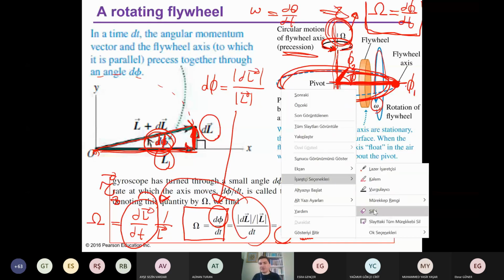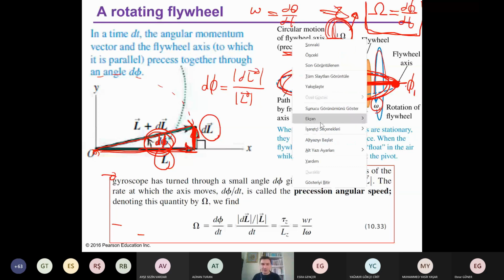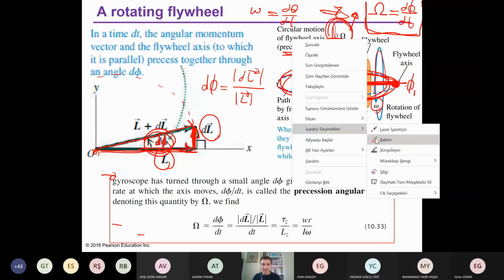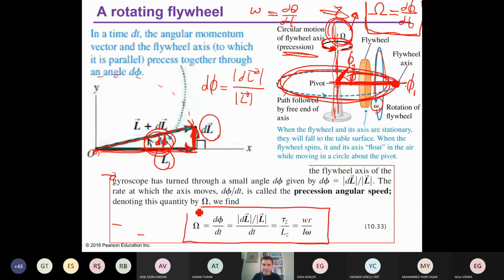Do you have any question here? This formula is very useful. If you keep in your mind, it will be helpful. If you cannot keep in your mind during the exam, you have to produce this equation.